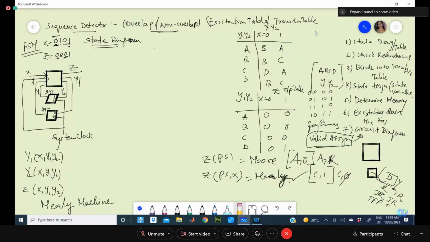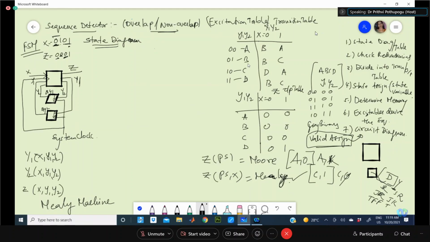We need to first give a binary format, next give a gray format, derive the equations, then we go for the implementation. See here. If A is 0, 0, B is taken 0, 1, C is taken as 1, 0, and D is taken as 1, 1. This is binary, normal binary order.